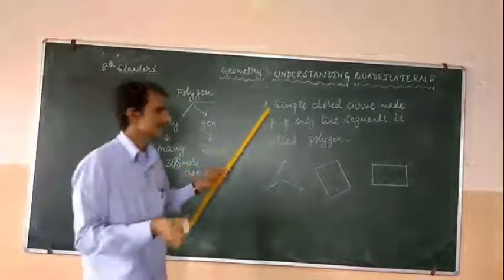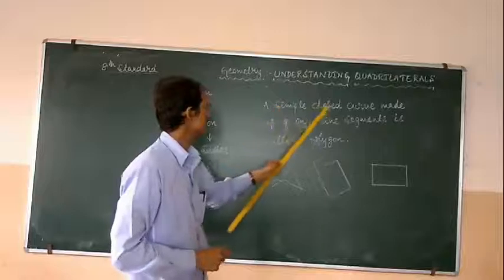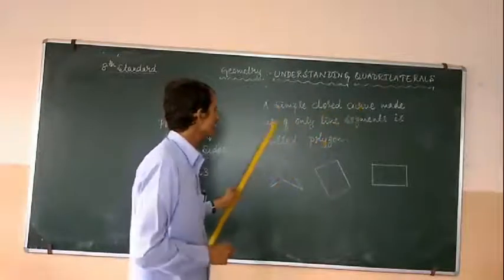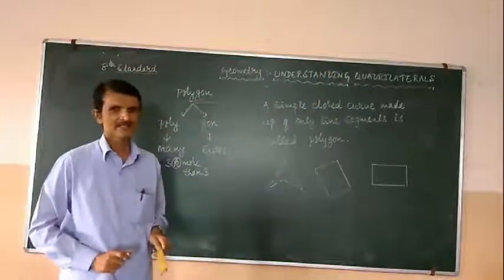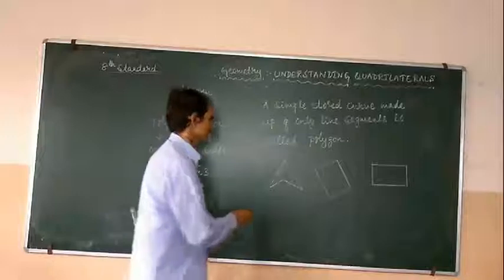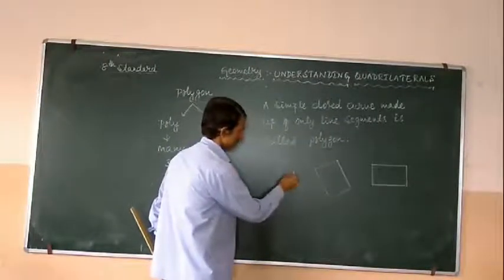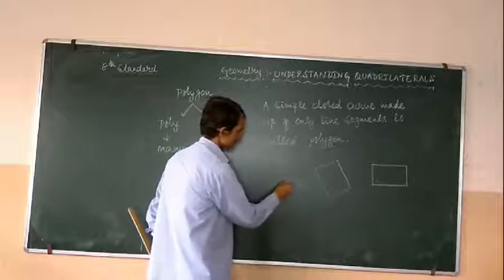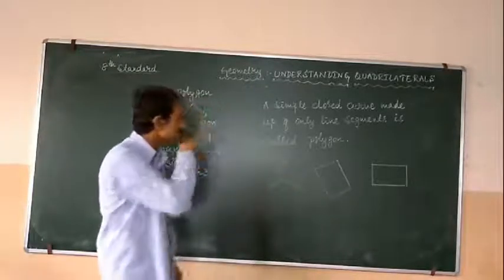By the definition of the polygon, it is a simple closed curve made up of only line segments. Observe this plane figure here: the curve is closed.